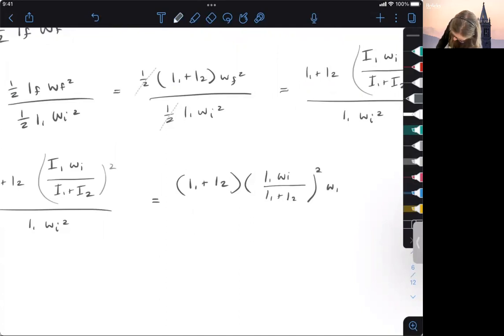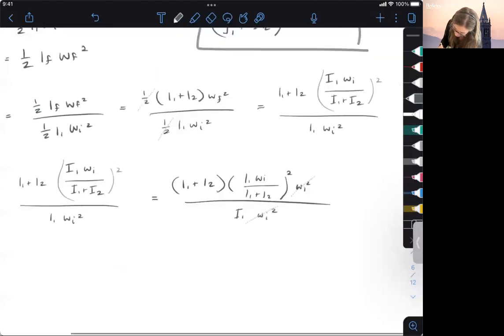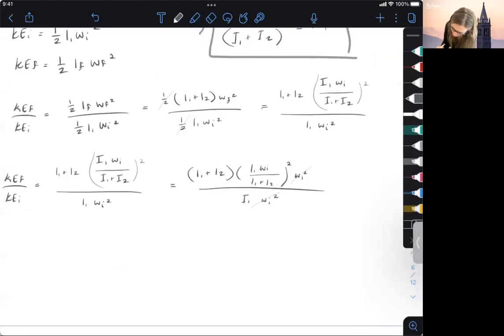I'm going to pull out this Wi squared because I noticed that I have it in my denominator as well. So Wi squared, and then I can cancel these guys. And then I also have this guy squared. So let's see here, Wi.